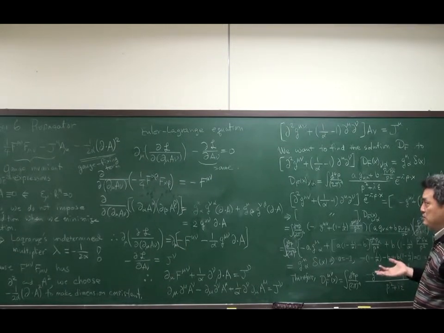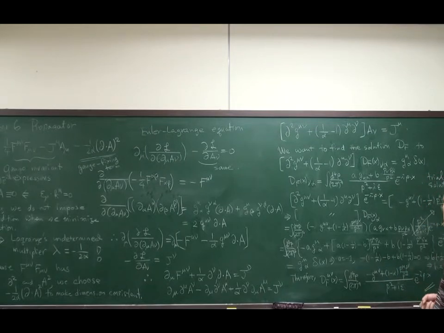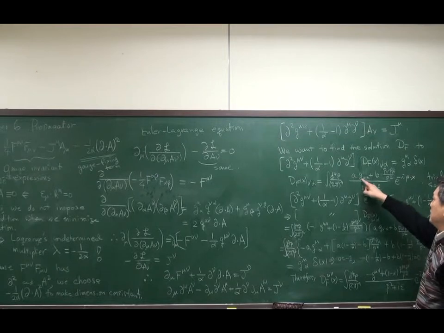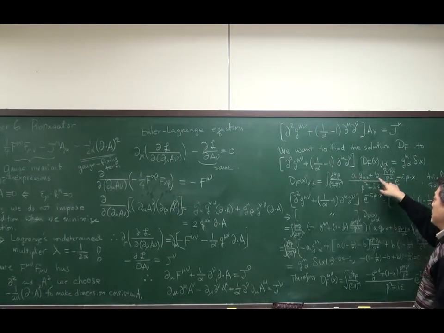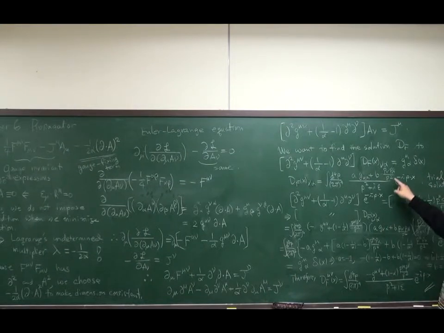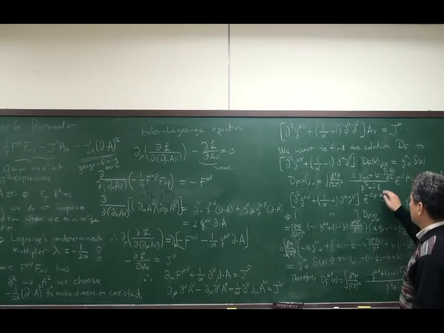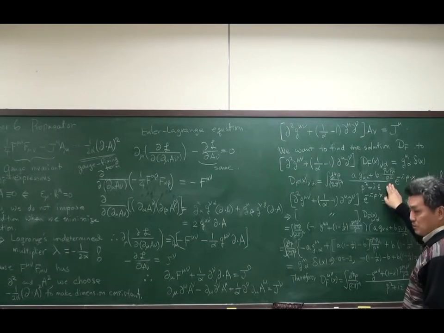There's nothing else to introduce. So the most general form is A g nu alpha and B p nu p alpha. To make A and B dimensionless, I divide by p squared in advance, so that doesn't change anything. So this trial solution, if there is a solution, must work.